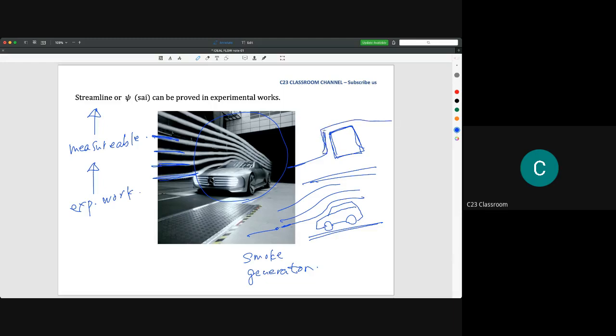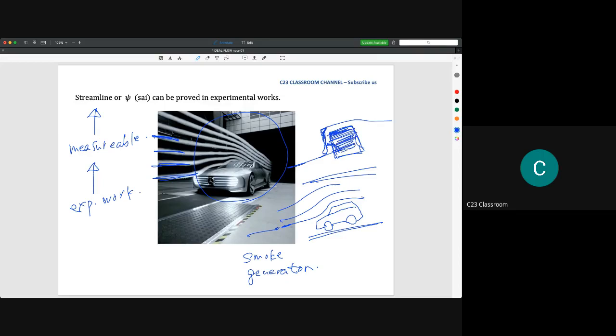If the streamline moves at a very wide angle, it means that the resistance of that flow is high. So to reduce the resistance occurring from this object, we need to streamline the shape.